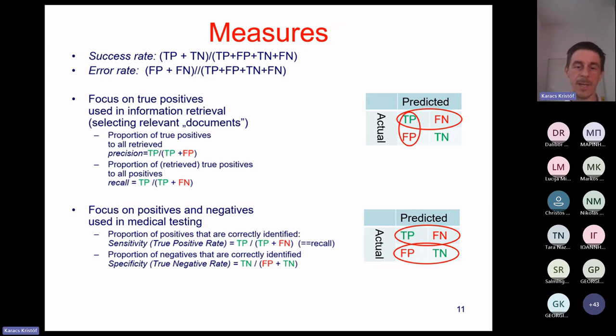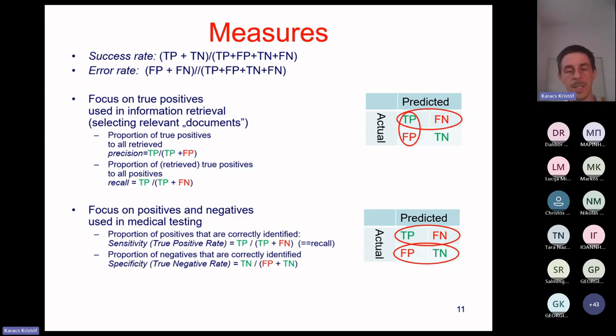And there's another aspect which is commonly used, or was introduced basically in medical testing, where we use two different analyses. Actually, one of them is the same, when we compare the true positives to the ratio of all positive values. In this scenario, this is called sensitivity.